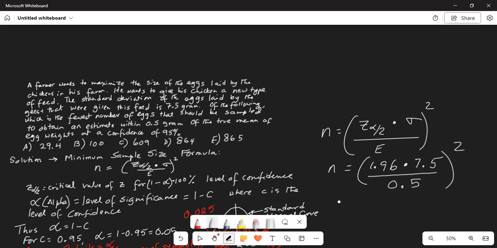Okay, so using my TI-84 calculator, I'll put the left parenthesis 1.96 times 7.5, the standard deviation, divided by margin of error of 0.5, right parenthesis, and then do not forget to press the X square button to exponent it to 2, and the answer is 864.36.